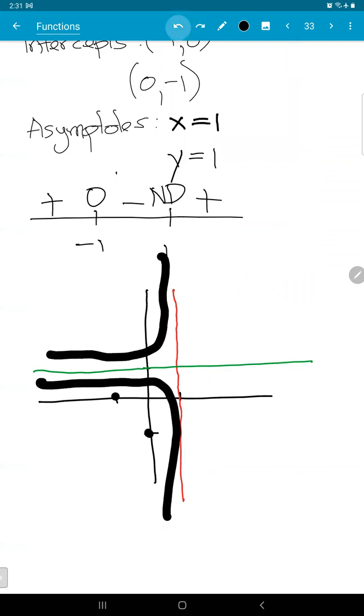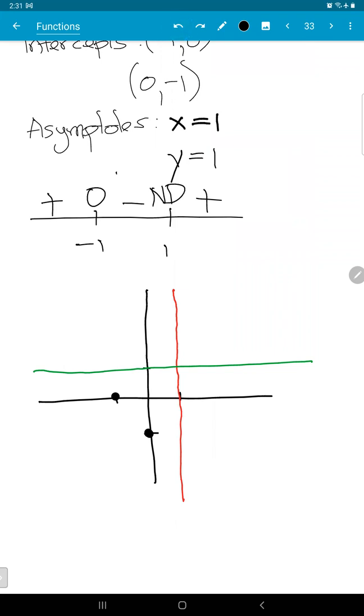Okay, burahin ko muna. So if we try to draw the 2 possibilities at the left-hand side of the vertical asymptote here, you know there are only 2 ways of drawing it on this side.